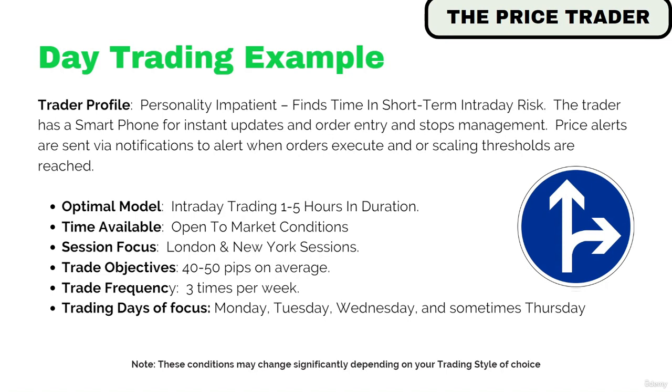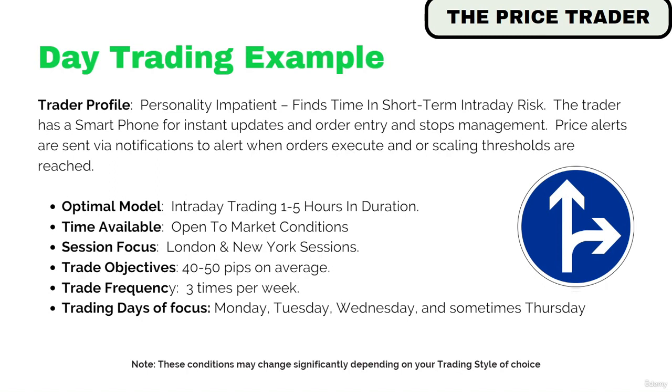The optimal model is that you're doing intraday trading between 1 to 5 hours in duration per setup. The time available is open to market conditions. The session of focus is the London and New York sessions. Your trade objective per trade is between 40 to 50 pips on average. Trade frequency is 3 times per week.